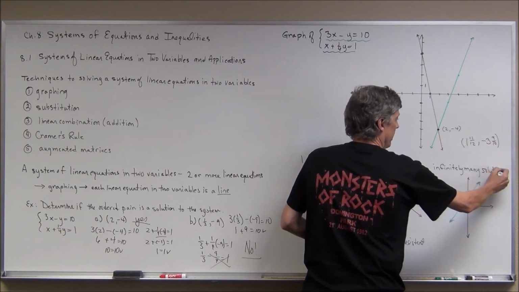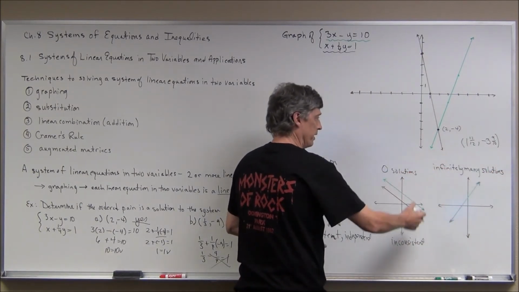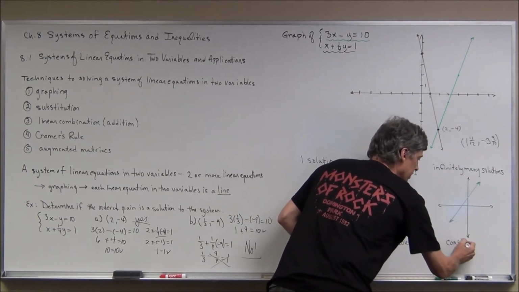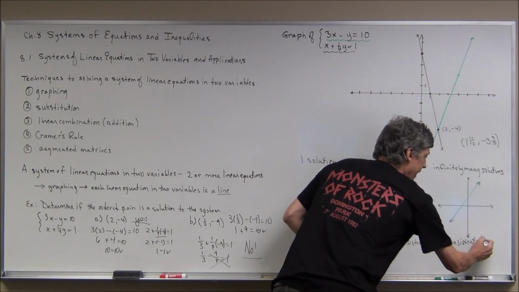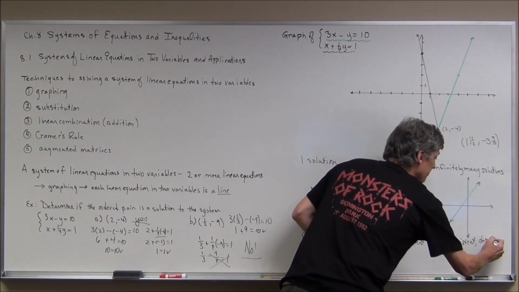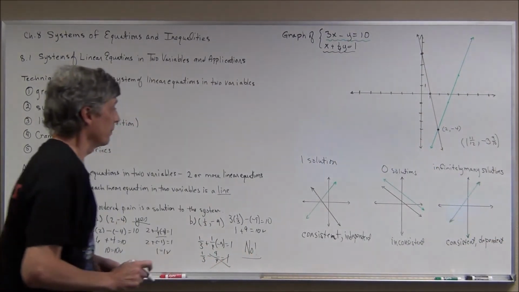Every point on the line corresponds to an ordered pair that's a solution, infinitely many solutions. And we call that type of a system consistent and dependent. Right? And we need to try some more examples of these types.